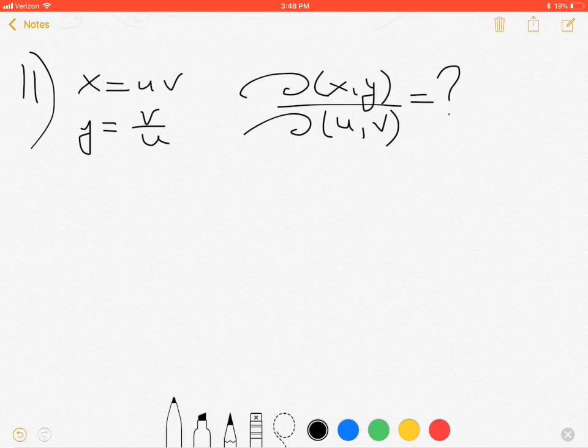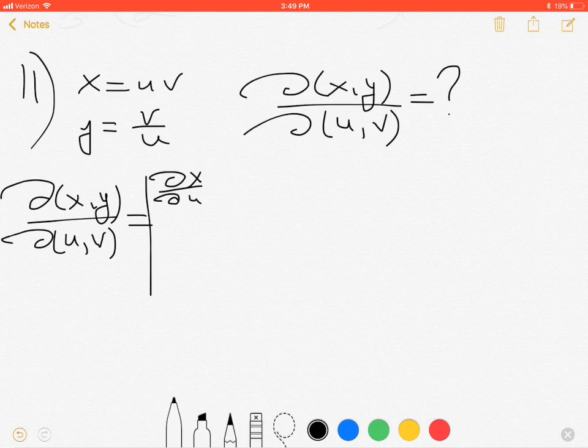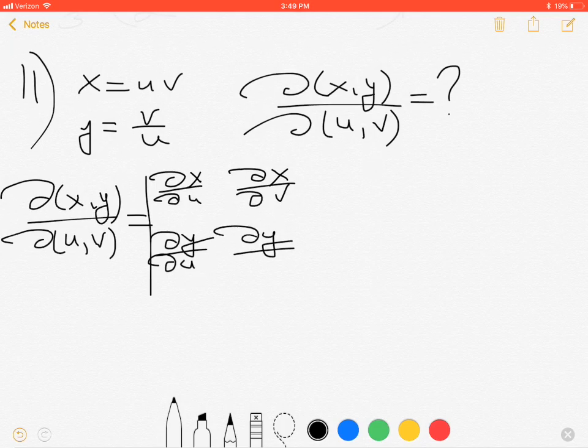Okay. Only remember the definition of the Jacobian. We need to find the determinant. First row will be dx du, dx dv, and second row dy du, dy dv.